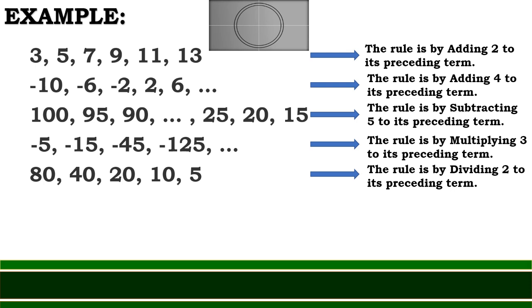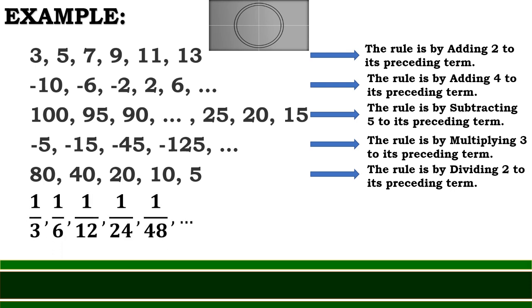Okay, so let us try to have another one. How about this? You have 1 over 3, 1 over 6, 1 over 12, 1 over 24, 1 over 48, so on and so forth. Can you guess what will be the rule?